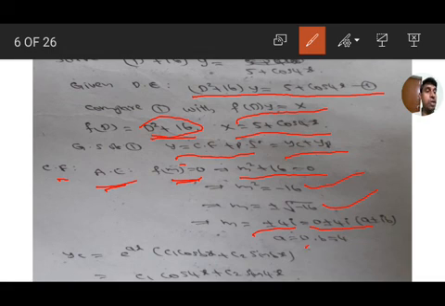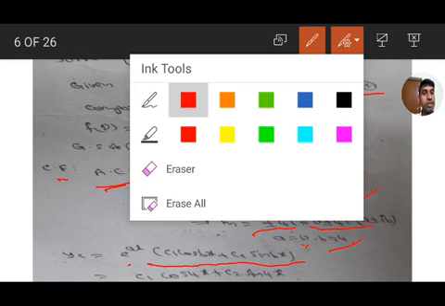A equal to 0, b equal to 4, so it is complex roots. Therefore the complementary function yc equal to e to the power of ax (c1 cos bx plus c2 sin bx). Here a equal to 0, b equal to 4, e to the power of 0x means 1, so c1 cos 4x plus c2 sin 4x. It is the complementary function.